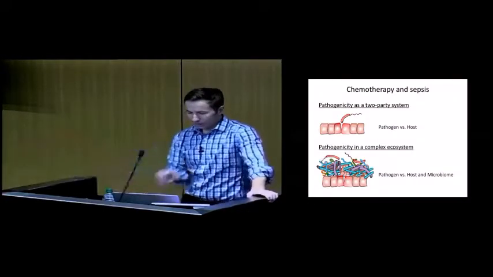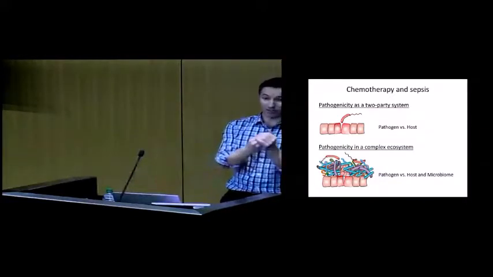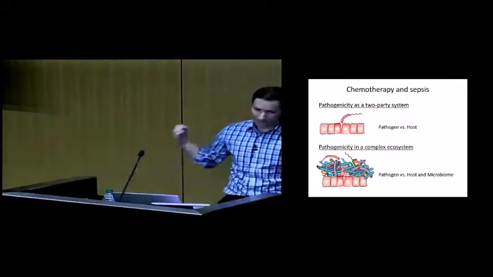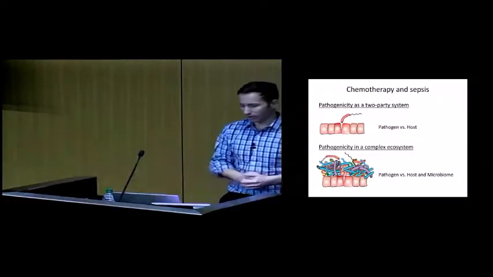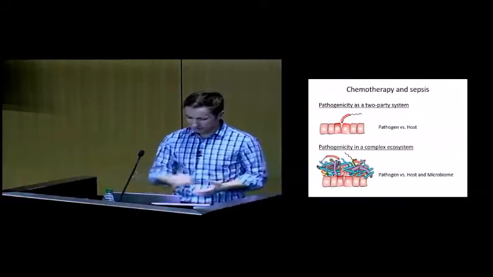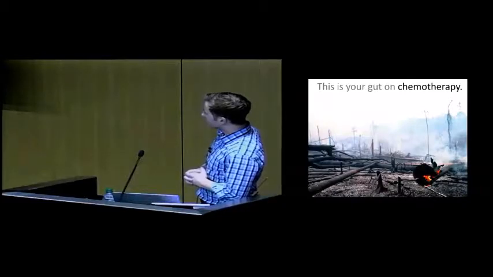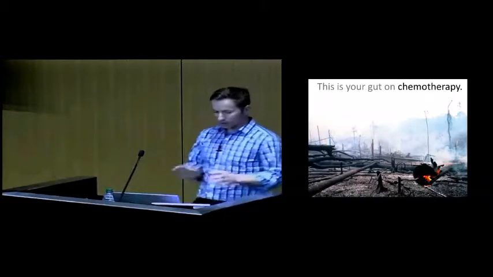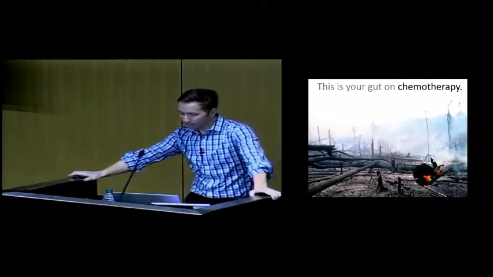So the C. diff case I mentioned, that's where you get antibiotics, and the antibiotics disrupt your microbiome, and the invasive species takes over. It turns out chemo does somewhat the same thing. So if you think of the microbiome as a healthy rainforest, this is your gut on chemotherapy. It literally causes almost as much disruption to the microbiome as antibiotics.